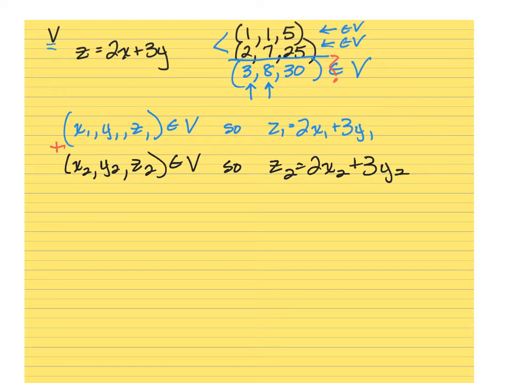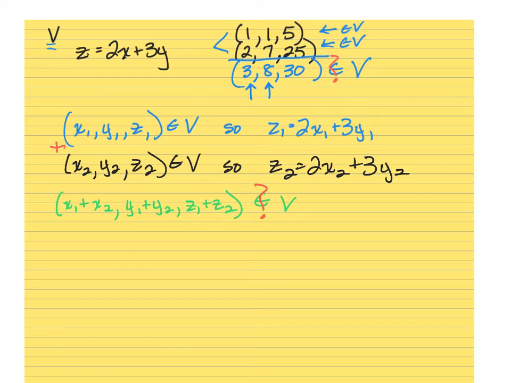And of course we know what that gives us: x sub 1 plus x sub 2 as our first component, y sub 1 plus y sub 2 as our second, and z sub 1 plus z sub 2 as our third. Is that an element of V?